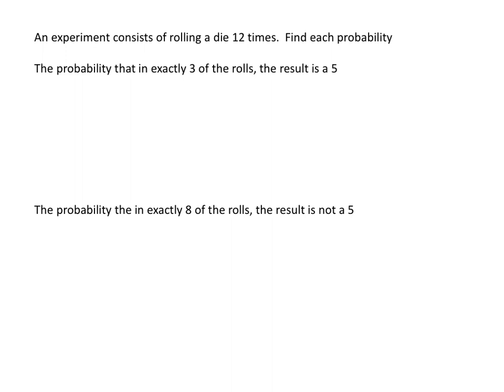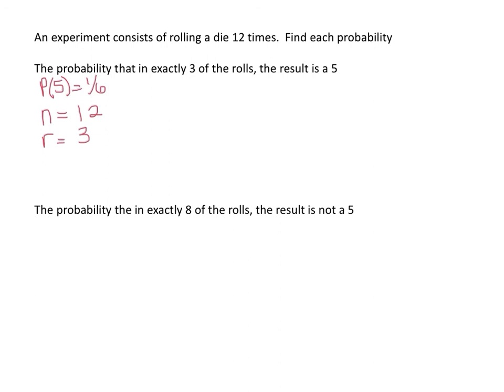We're going to use those same steps that we learned to actually run the next probability. So we're rolling a die 12 times. We want to know that in exactly 3 rolls, the result is a 5. So the probability of getting a 5 is 1/6. N is the number of times that we're rolling, which is 12. And R would be exactly how many tries we're looking for. It's 3.